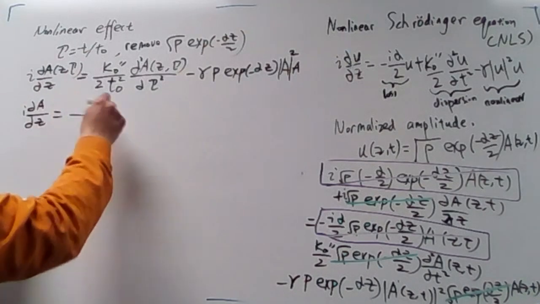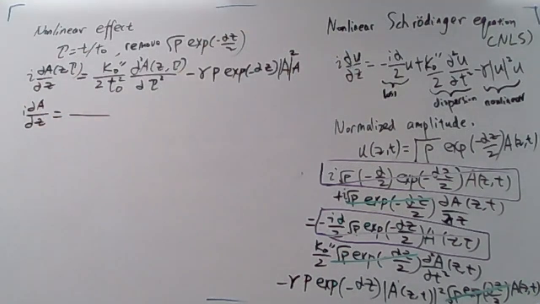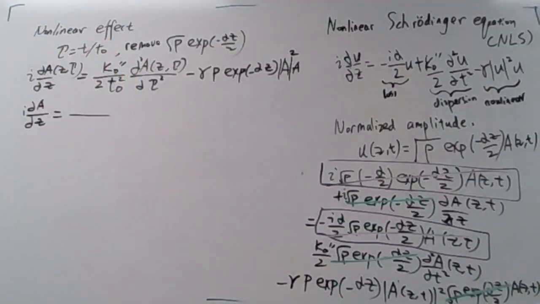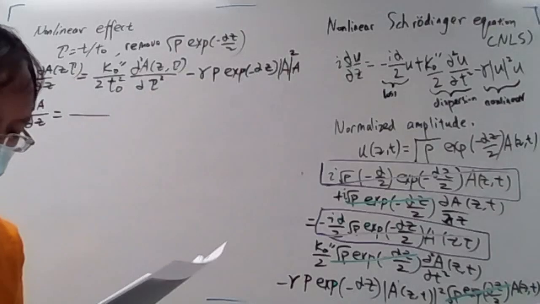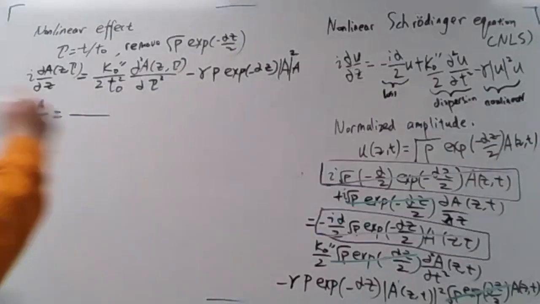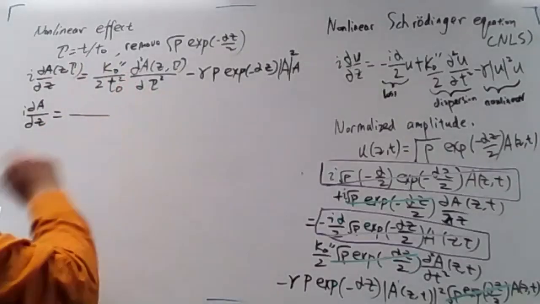Then let's do this k naught double prime over t naught square. Can anyone tell me what k naught double prime over t naught square is? Is that the dispersion length? It's actually the inverse dispersion length, right?